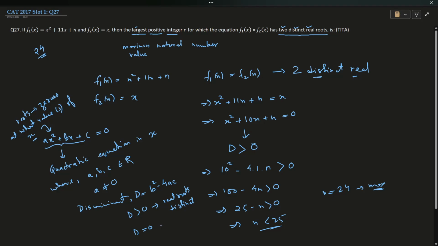If D is equal to 0, real and equal roots or identical roots, the roots will be the same. If D is less than 0, then the roots are imaginary roots, and this is out of scope for the CAT syllabus. Okay, this is not required here. There is a lot of theory involved in quadratic equations. I am not going to explain everything here. This was just required for this question, so I have explained it here, guys.